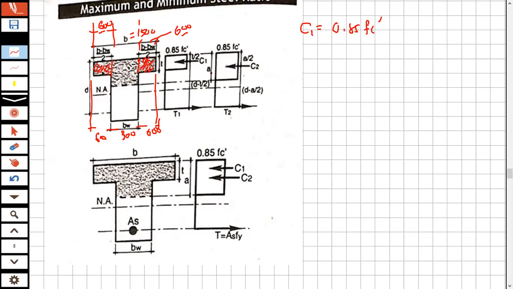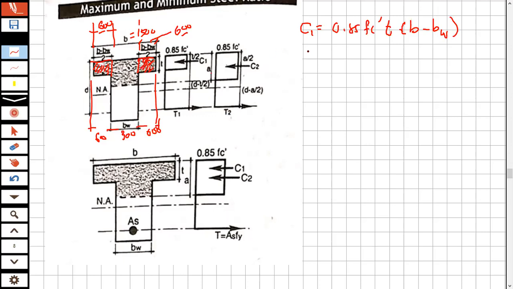Yung A mo, hindi A, T ang gagamitin mo. T times B minus BW, ito at saka ito. It is just times 2 of (B minus BW) over 2. In other words, that is B minus BW. That is for C1. Okay?